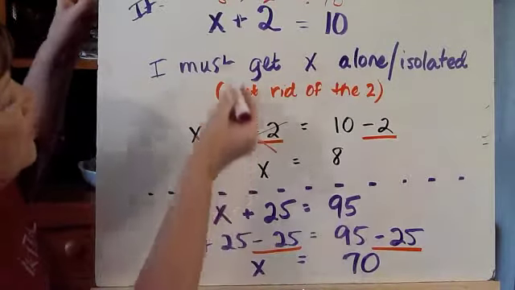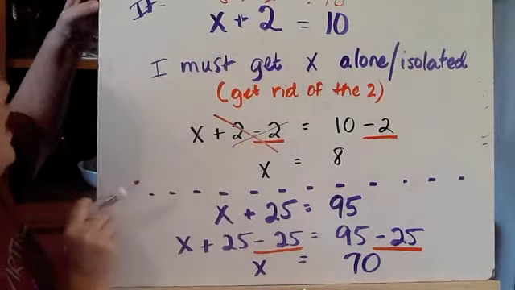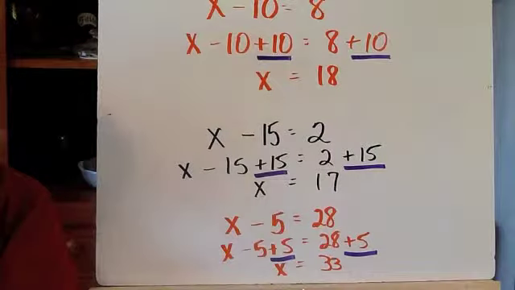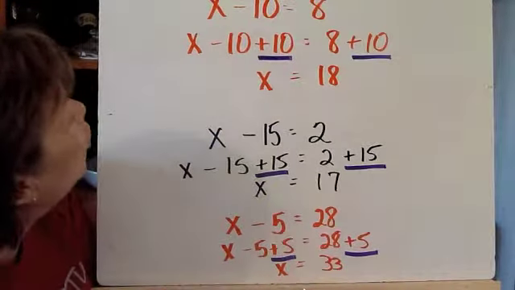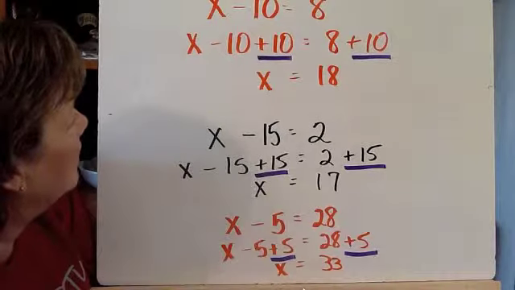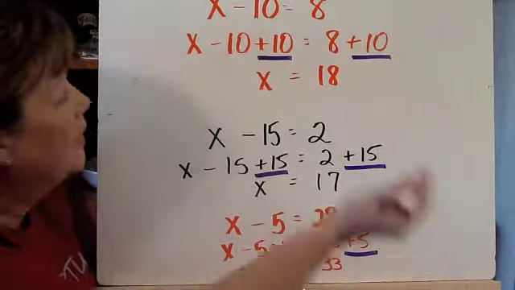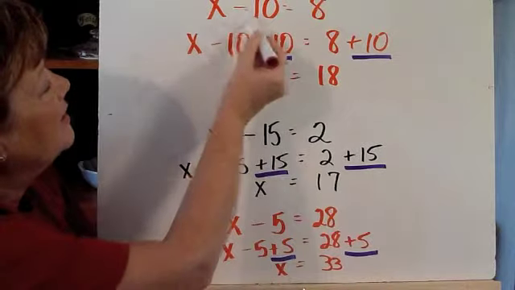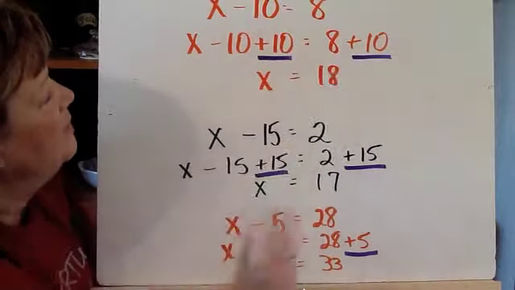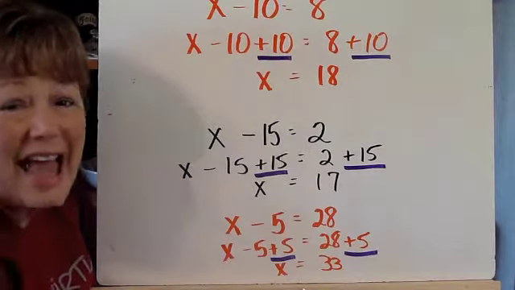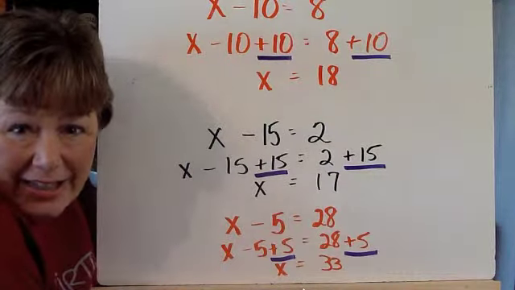Now these were with x when you've added something to x. I also want to look at it when you take away something from x. If you take away something from x to get it to 0, then I have to add something back. So if my problem is x take away 10 equals 8, to get x all by itself, I must add something to that 10.